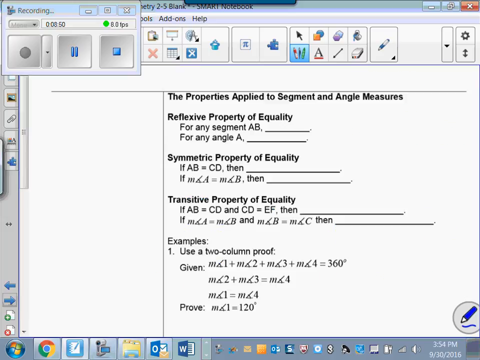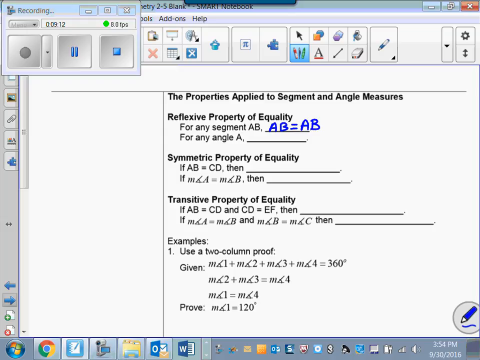Here we go. Now, not all, but most of the properties we talked about related to equality, we have those same properties for congruence. So the reflexive property of equality for any segment AB, we know that AB equals AB. That's the reflexive property, right?